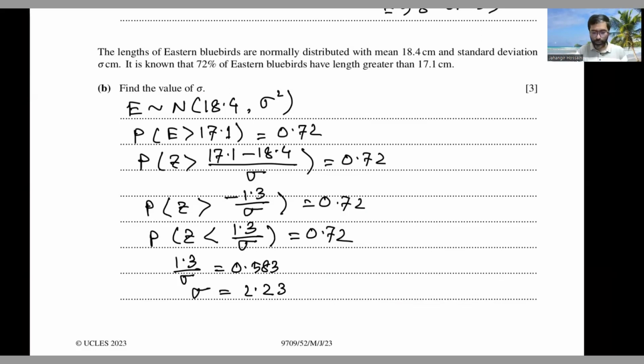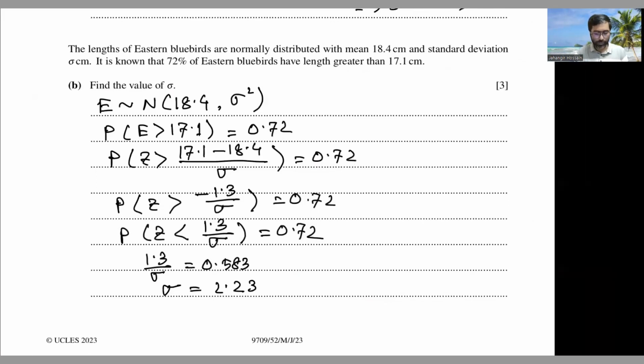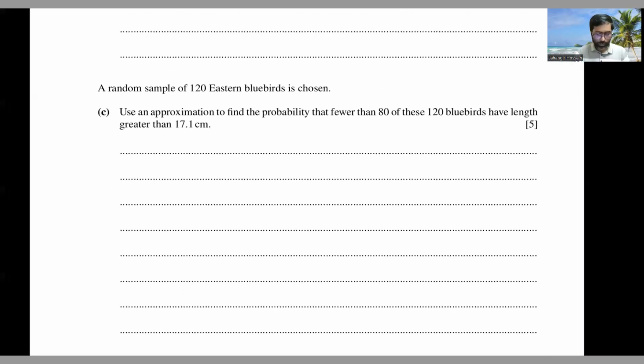Now let's move on to part C. In part C, we have a random sample of 120 eastern bluebirds. Use an approximation to find the probability that fewer than 80 of these 120 bluebirds have length greater than 17.1 centimeters.